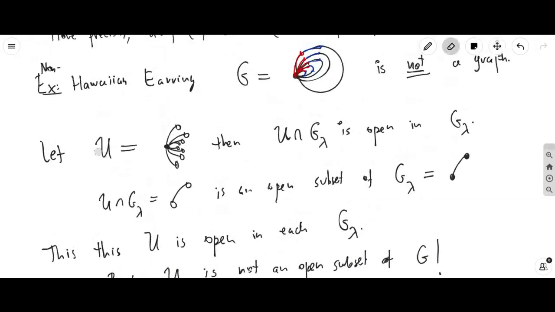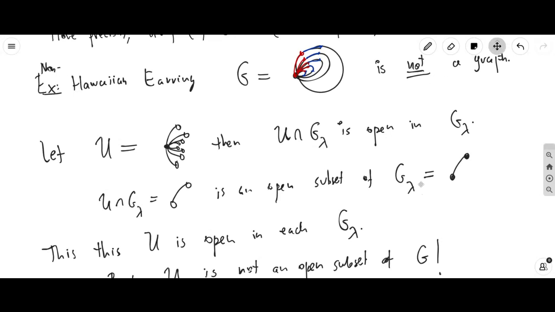But in our example, we're getting this figure over here that never contains any of those loops. All of these are the open arcs, and we see that when you intersect it with this triangulation, you're getting something that is an open subset in each of the arcs, but it's not an open subset of the entire space.